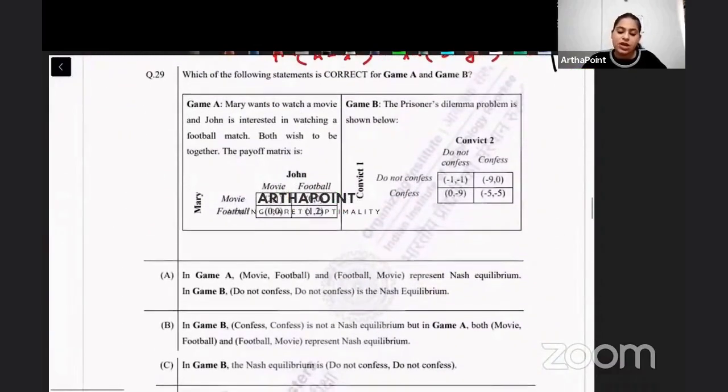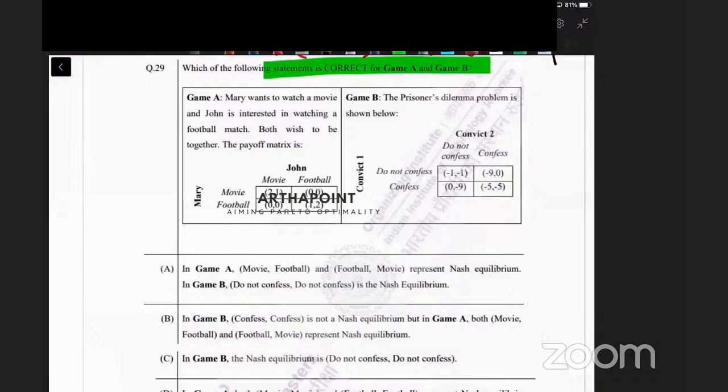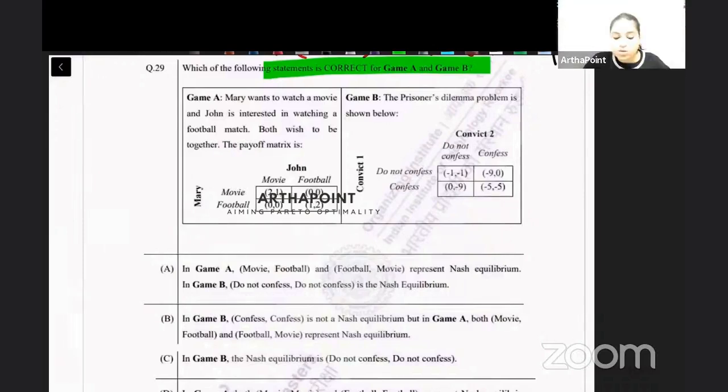Okay. Now come to the next question. Which of the following statements are correct? They have given a game of two individuals, A and B. Now, although this is a very basic question, it may happen that in the exam next time, we may be given mixed strategies.